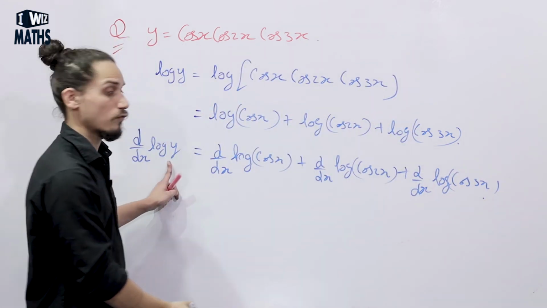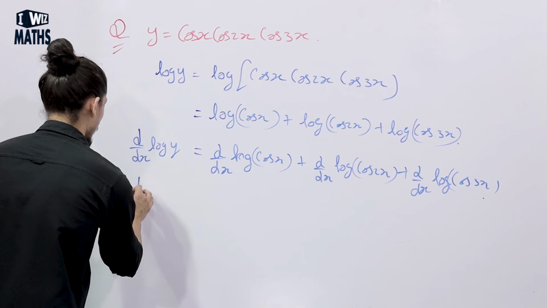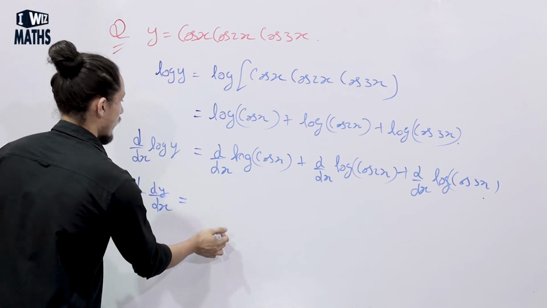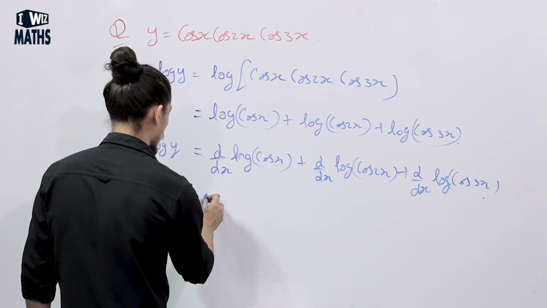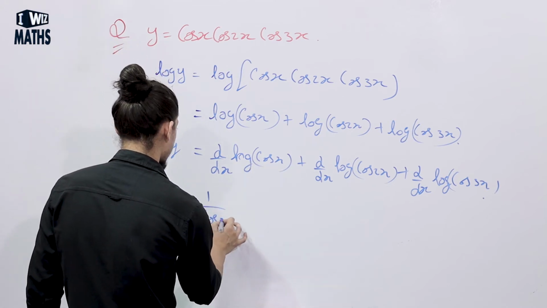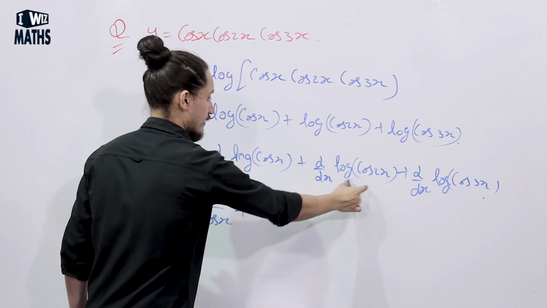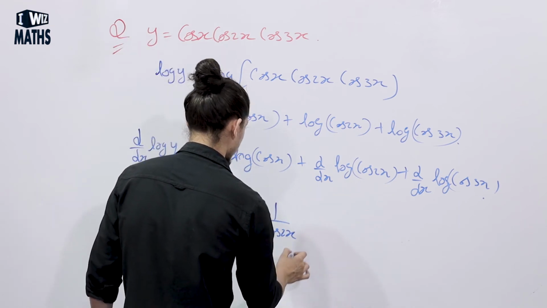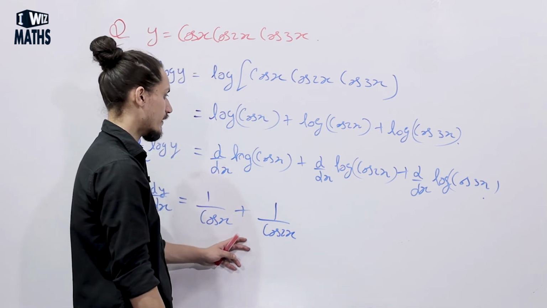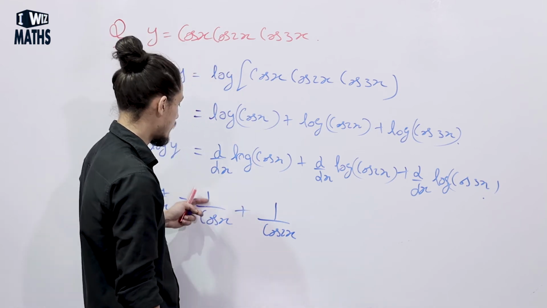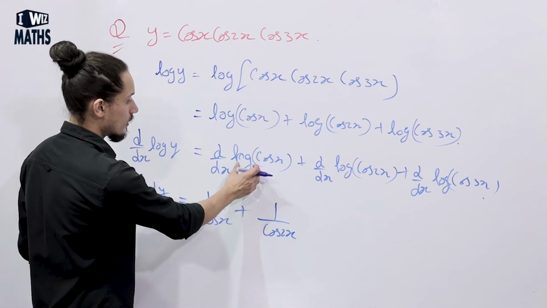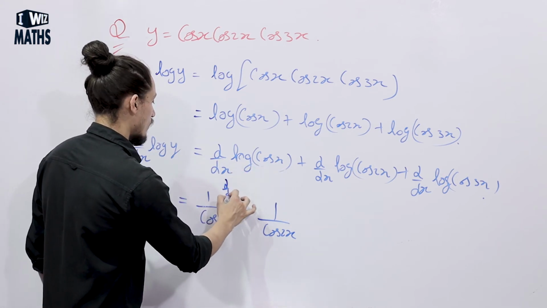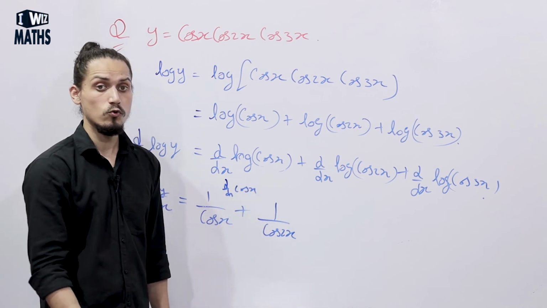Now derivative of log y will be equal to 1 upon y dy by dx, and derivative of log cos x will be equal to 1 upon cos x into derivative of cos x, which will be equal to minus sin x.